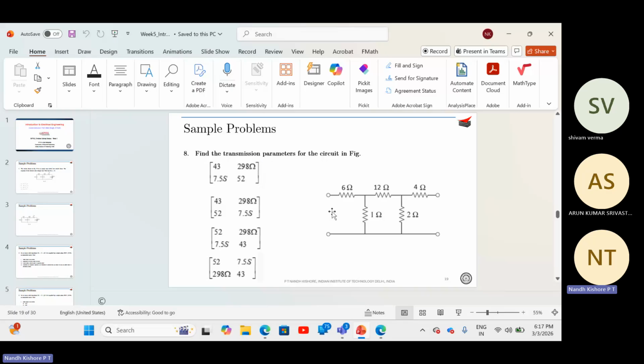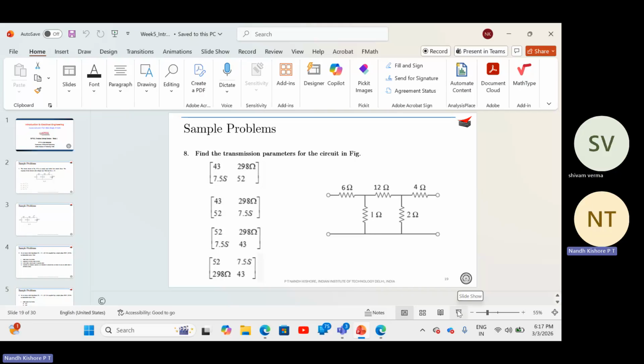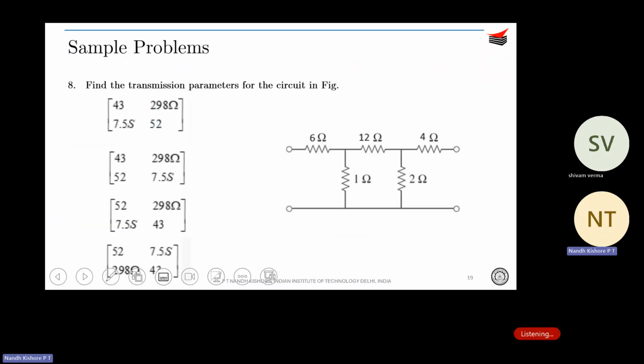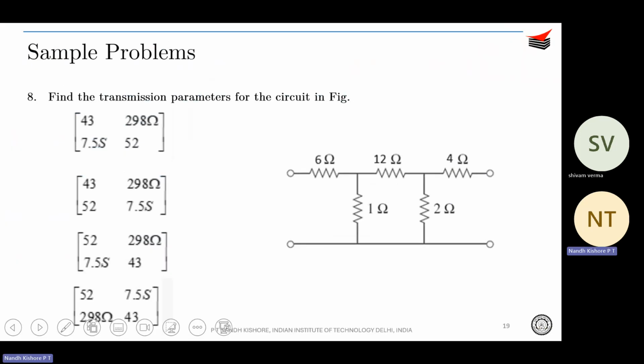Okay, so the question is find the transmission parameters for the circuit shown in figure. So how do we approach this problem? What we can do is we can split the entire network into a number of matrices. For instance, this particular resistor can be represented as 1, 6, 0, 1, right?